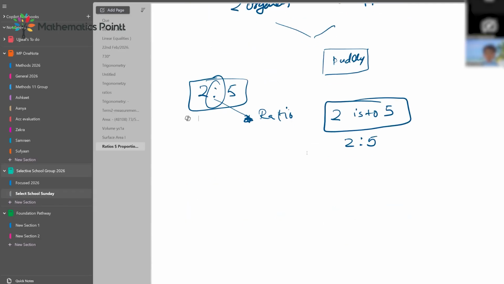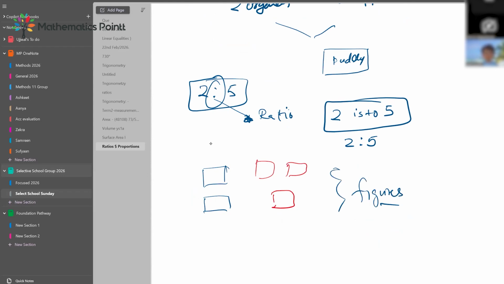Now, if I have two blue squares and three red squares, then my ratio is, geometrical figures, something of a similar kind.